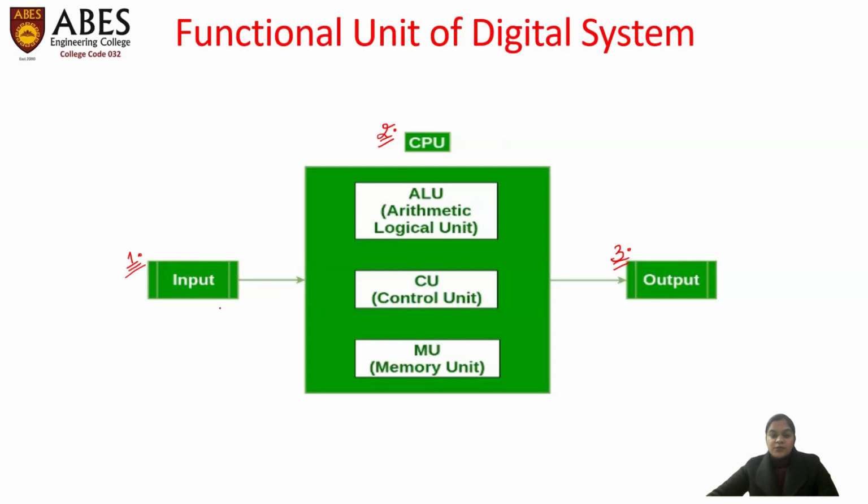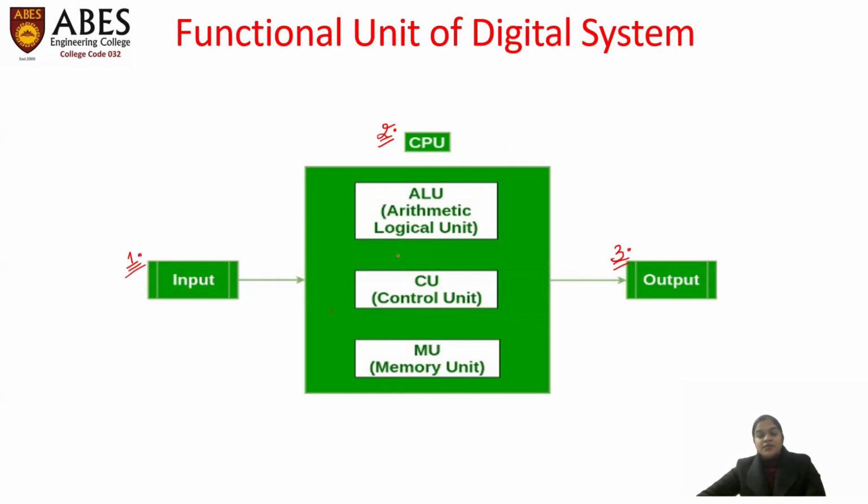The input system converts the input data into machine language, into the binary language that can be understood by the CPU. We all know that our computer can only work on machine language or binary language, the language of zeros and ones. So the input unit converts the input data into zeros and ones so the CPU can further process it.